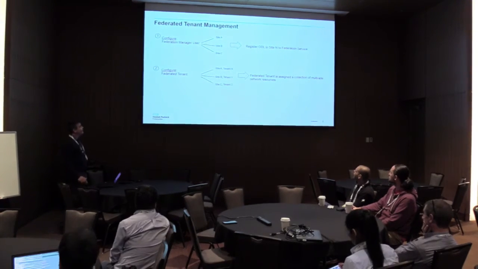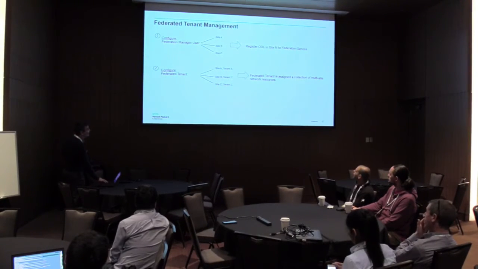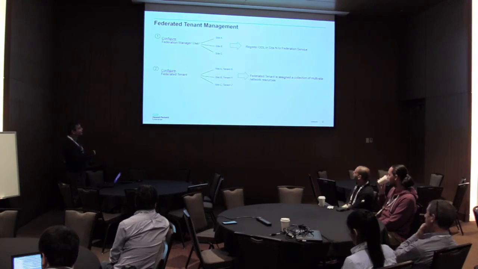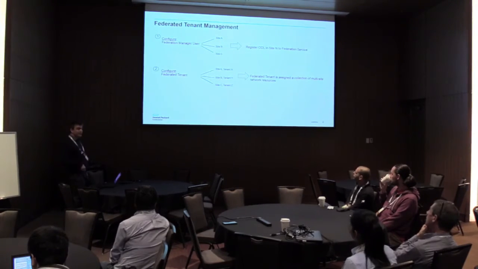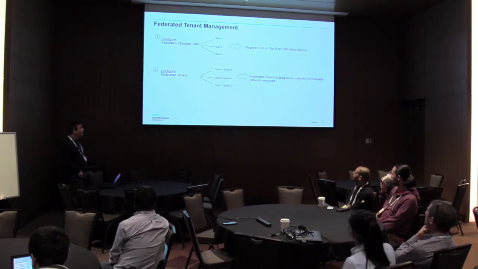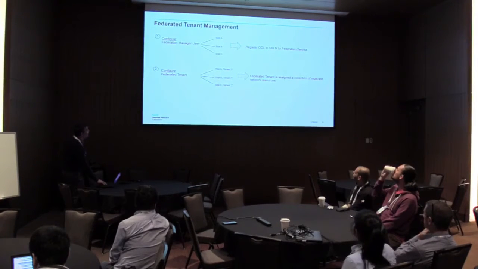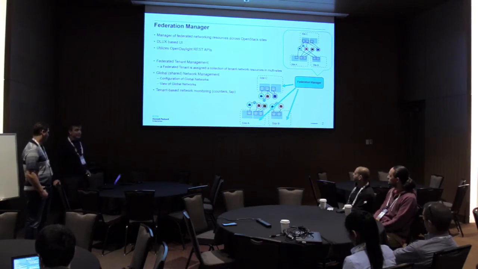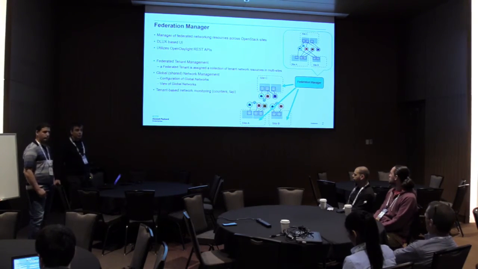So I want a federated tenant to be mapped to a different location. I register the other sites to me, and I'm federating to them. This is to allow multiple OpenStacks, multiple sites, to share the same networks.